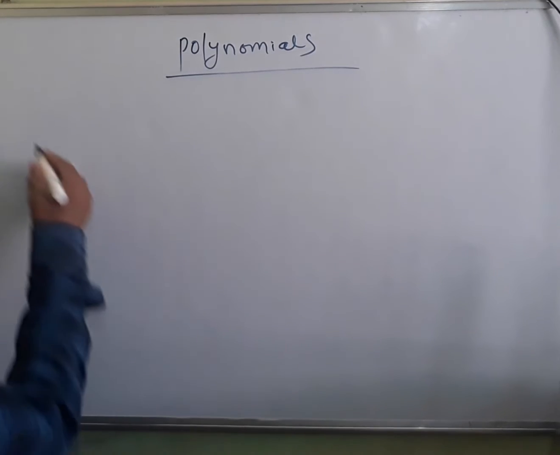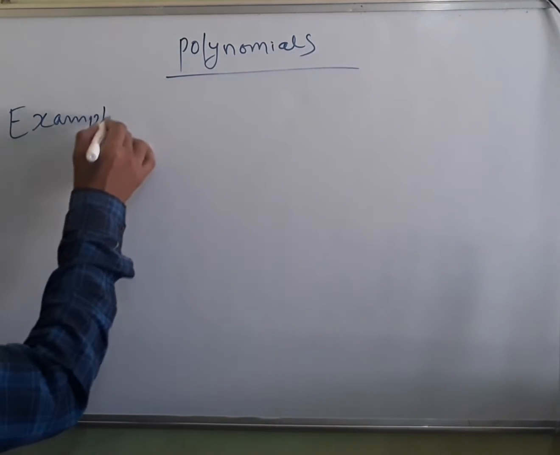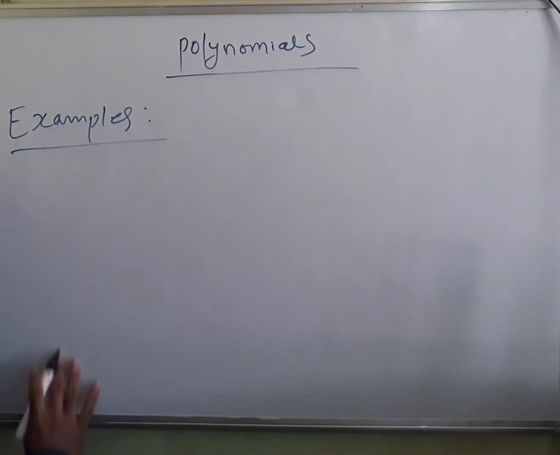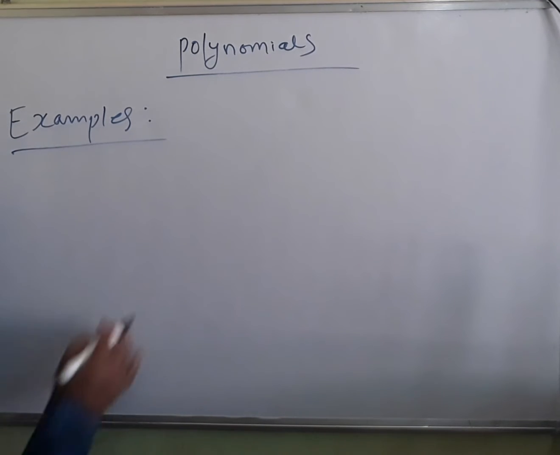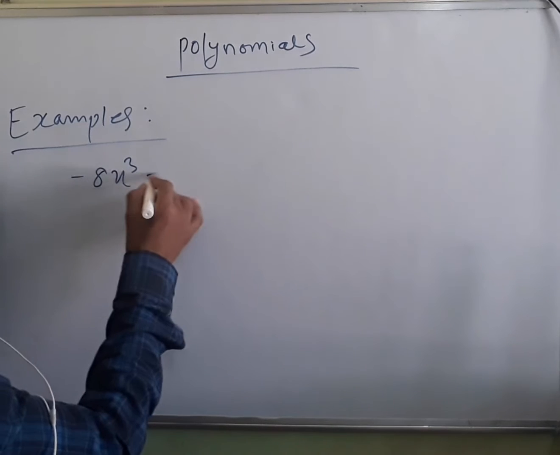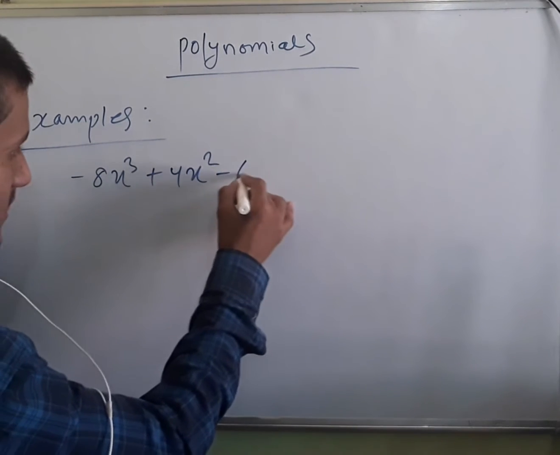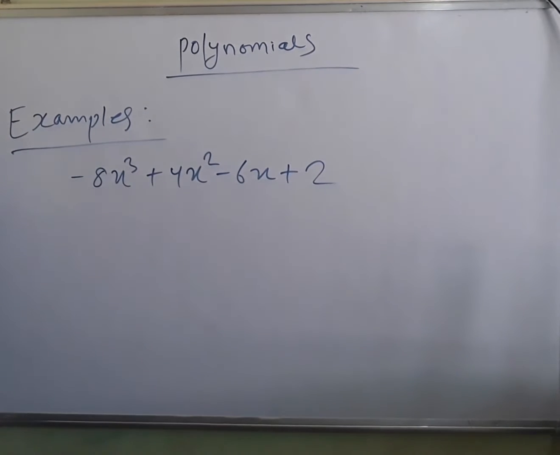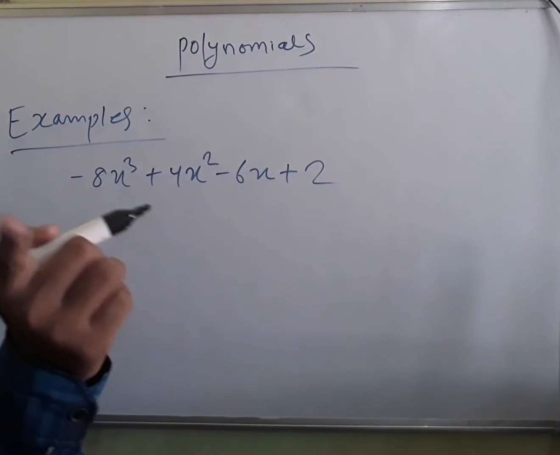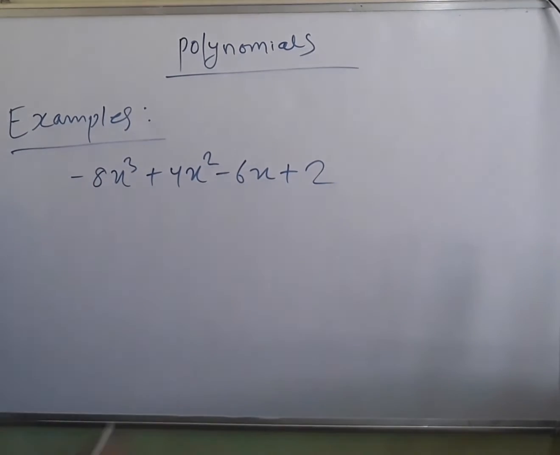Let's give some more examples of polynomials. The first is minus 8x cubed plus 4x squared minus 6x plus 2. That's a polynomial. How many terms are there? 1, 2, 3, 4. There are 4 terms.